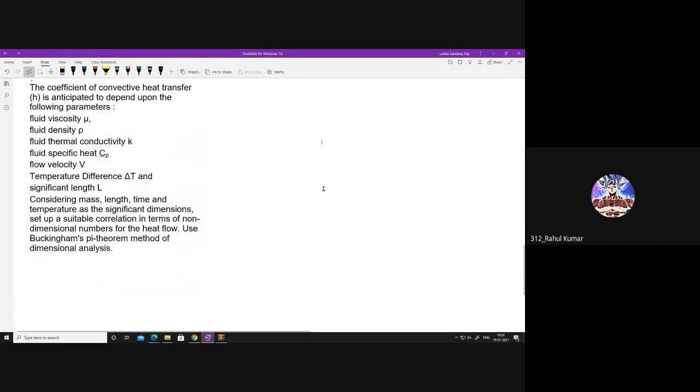In this problem, you have so many variables here. The variables are mu, rho, k, cp, velocity, delta t, and L. You have H1 here.